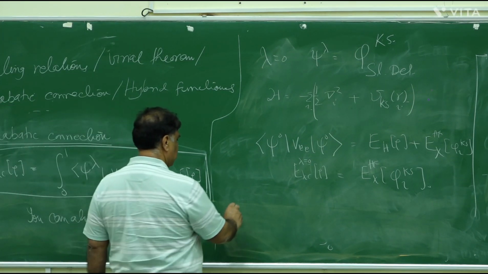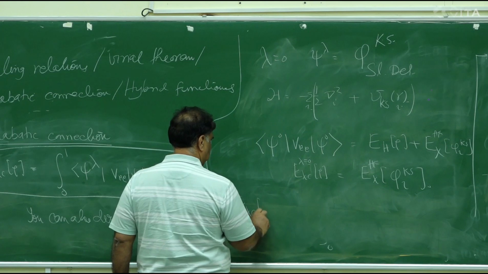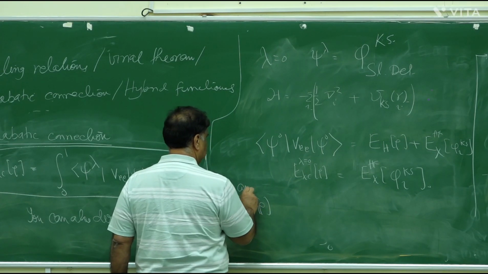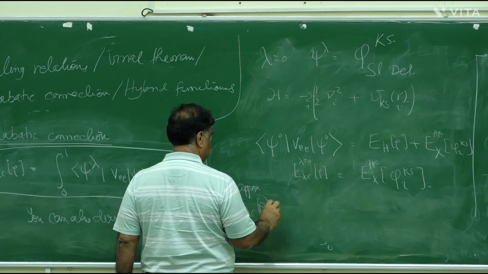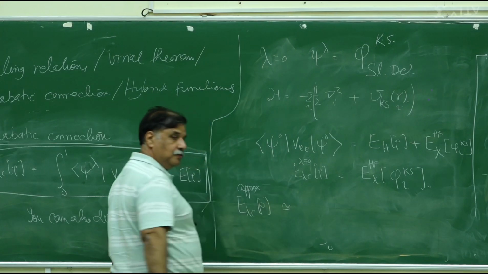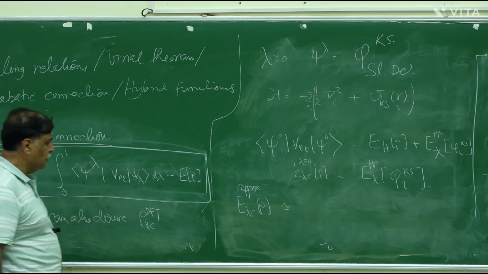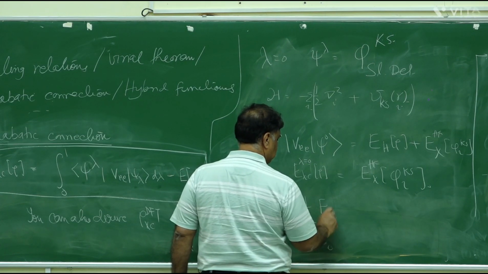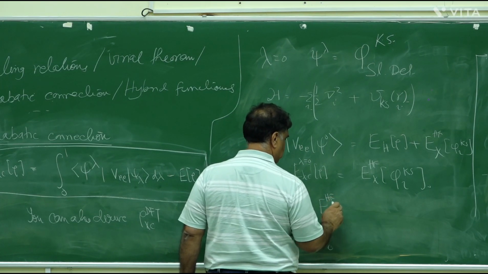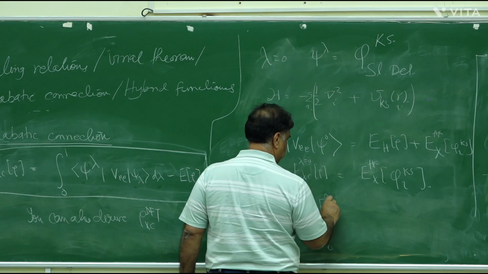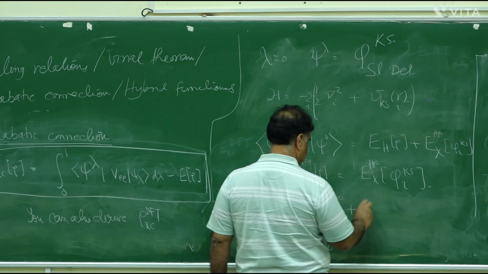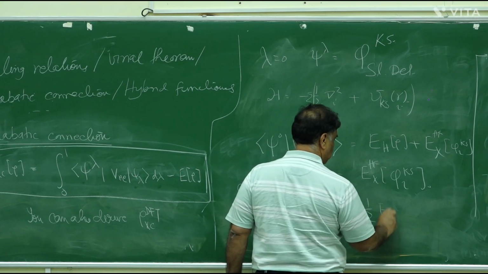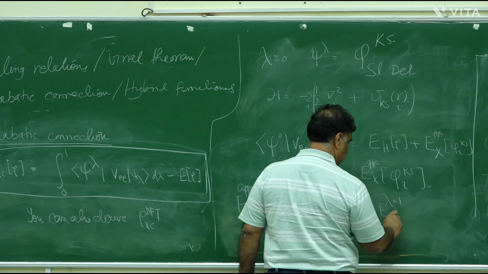And now I can say that EXC rho approximate is roughly equal to, take the average, 1/2 EX lambda equals 0 plus 1/2 EX lambda equals 1.